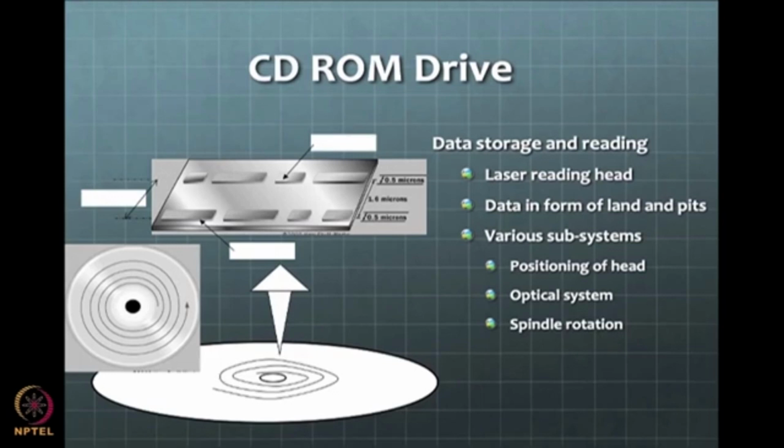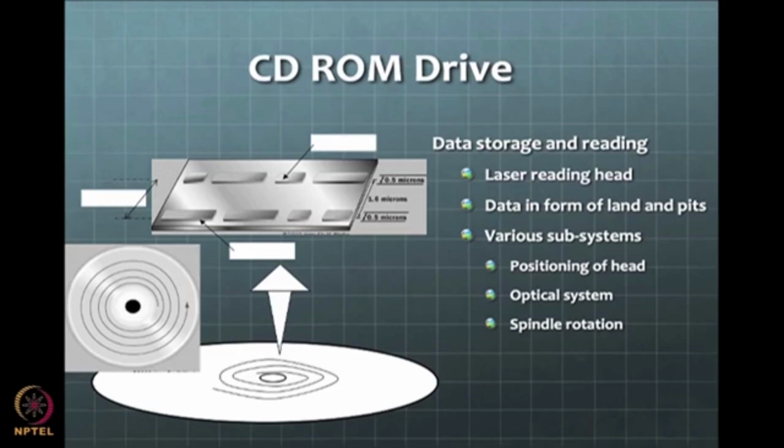If you compare it to your hair size, which is about 100 microns, this is roughly 2% of your hair size. So that is the kind of small motion that you want to have.